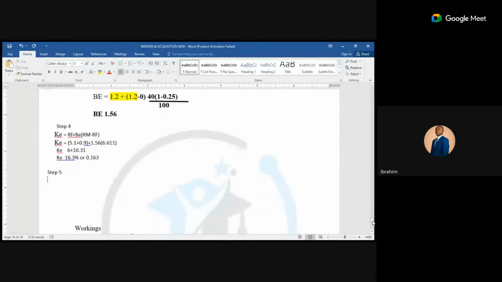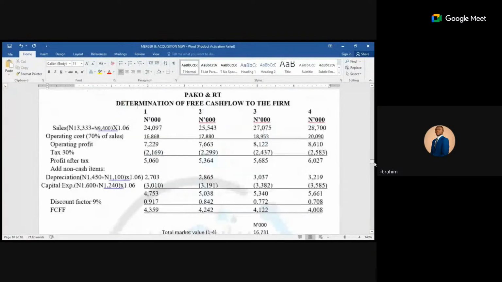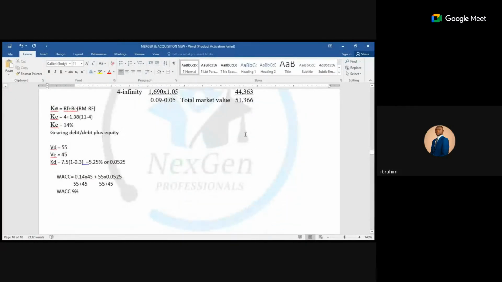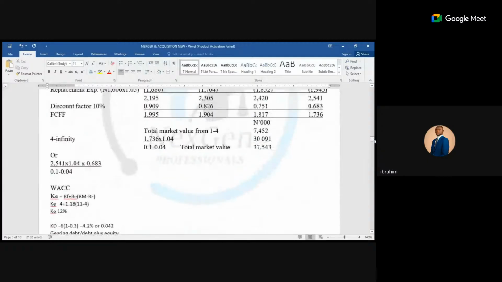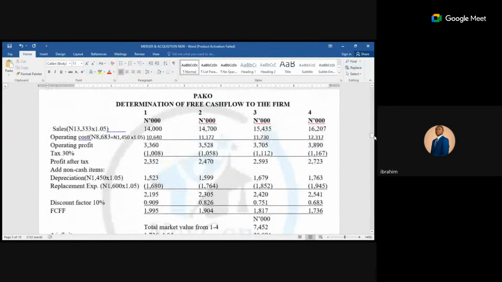Now, so our weighted average cost of capital, where is it? WACC. So I didn't write this formula.